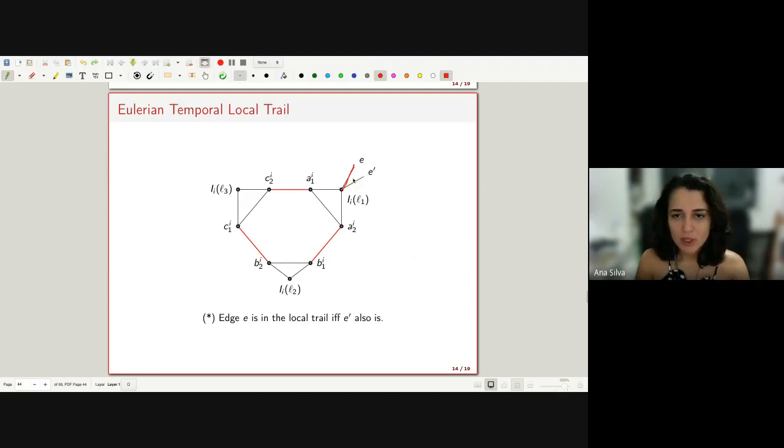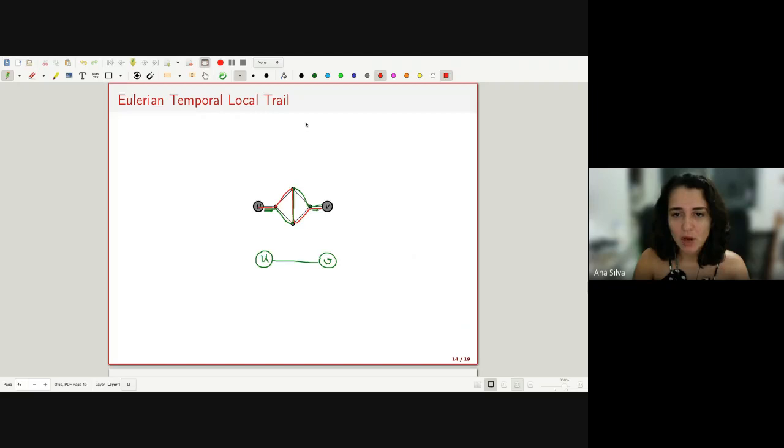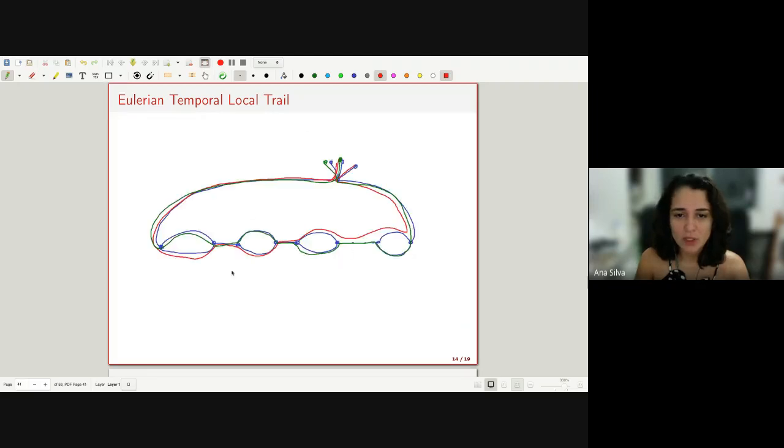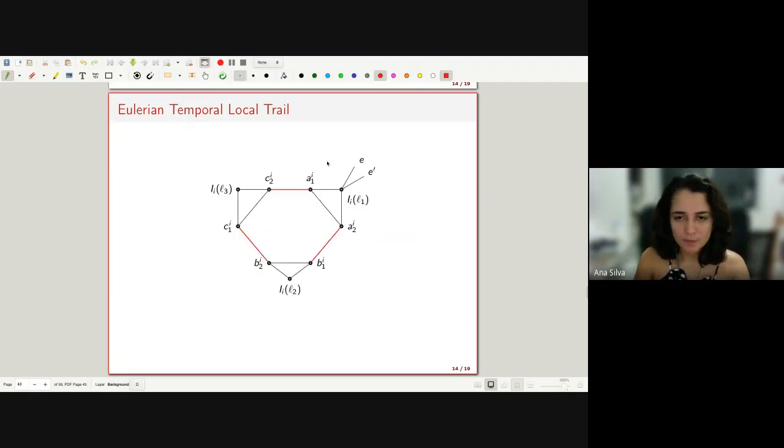So suppose it's not, suppose I use this one and not this other one, because this guy must have even degree, right? Because you saw that I go around everything, so these are the endpoints, so every other vertex must have even degree. Okay, so continuing, this guy must have even degree, so I must use either this edge or this edge. Suppose that I use this one.